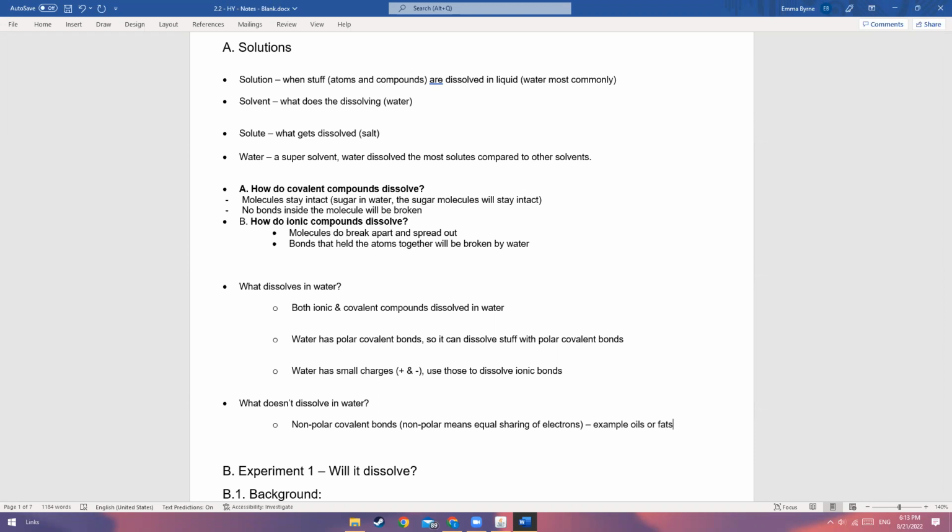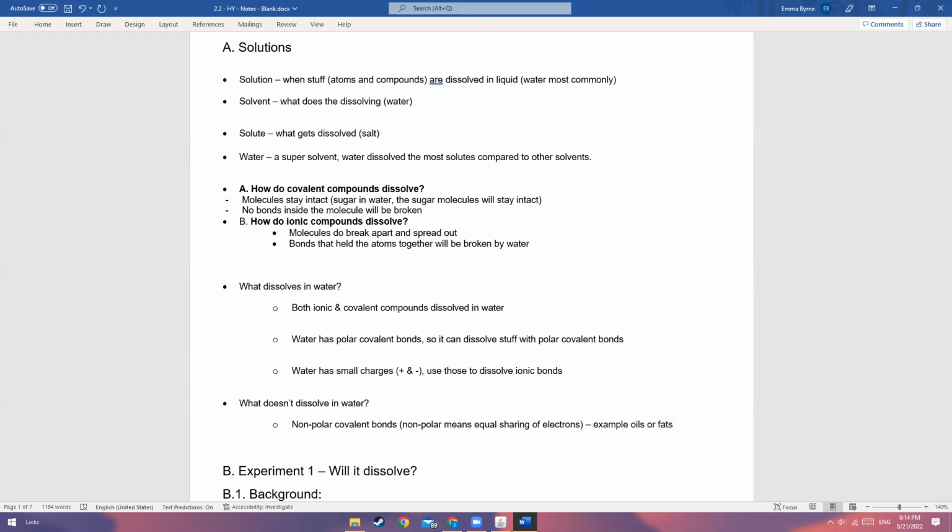A good example would be, say you're trying to scrub off oil, like the oil has stained your clothes. If you just put water on the stain, it's not going to get the oil out. It's because the water itself is not able to dissolve that nonpolar compound of the oil.